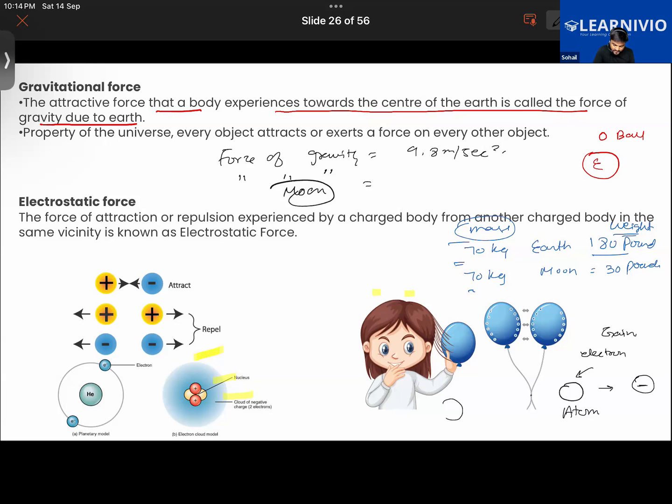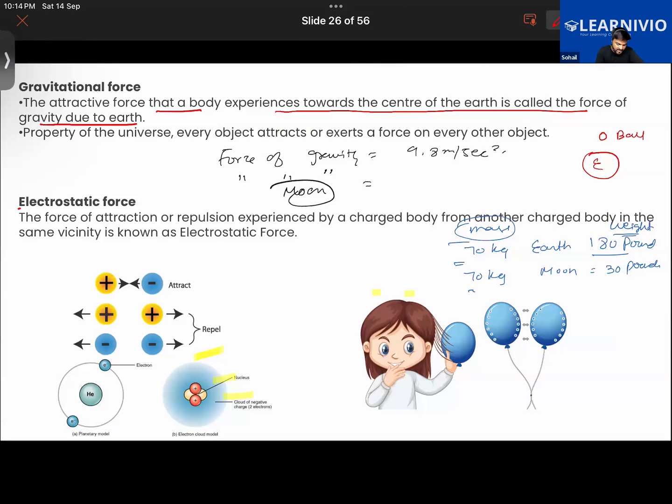Or say you have an atom, and if it loses the electron, then it becomes positively charged. So that is how the positive and negative charge comes on a body, because of the loss or the gain of the electron. If it gains electrons, it becomes negatively charged, or if it loses electrons, then it becomes positively charged. That is one thing.